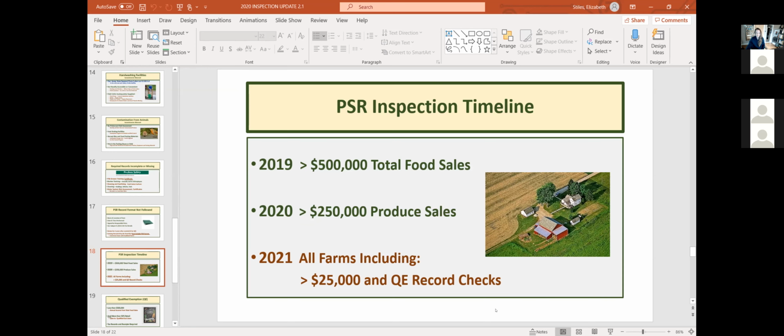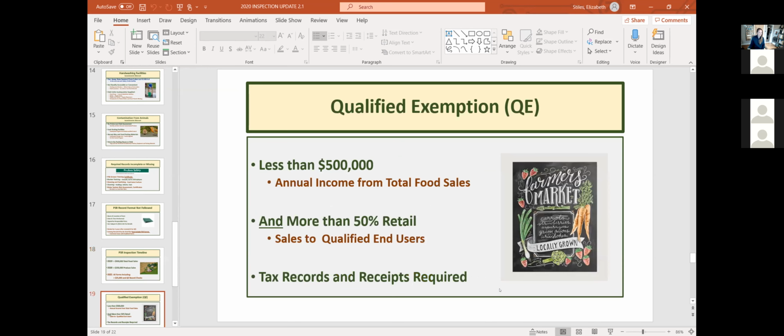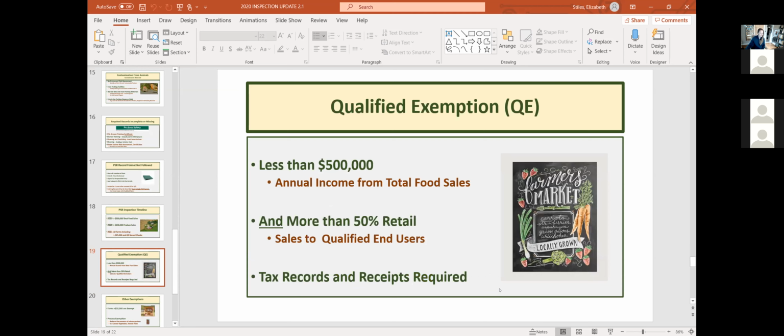The qualified exemption, a lot of farms in New Jersey qualify for this. It's less than $500,000 annual income from total food sales, not just produce. That's food for humans, food for animals, and animals sold for food. And also more than 50% retail.